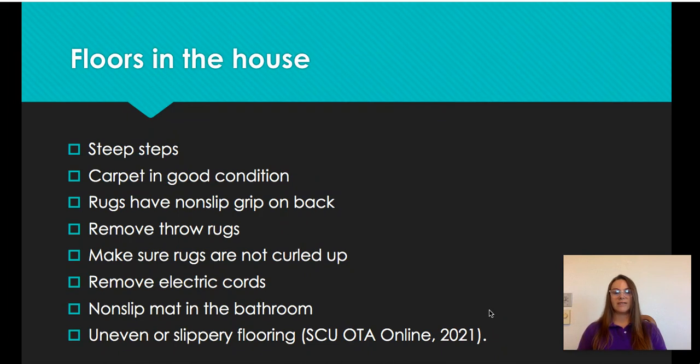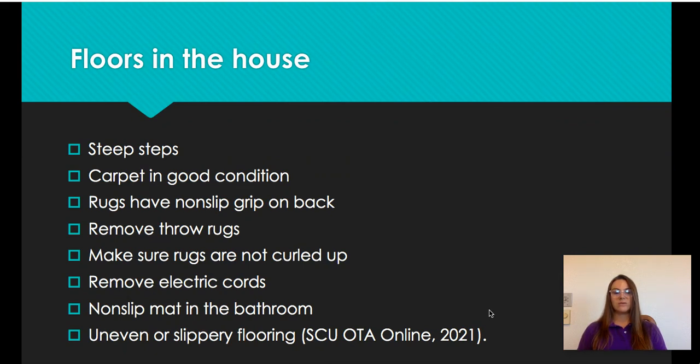Make sure the rugs have non-slip grip on the back. Remove throw rugs if they are a tripping hazard. So if they're turned up or if they're ripped in any way. Make sure some rugs are not curled up. So earlier we saw that it's easy for the rugs to get curled up. So that's also a fall factor. So watch out for that.